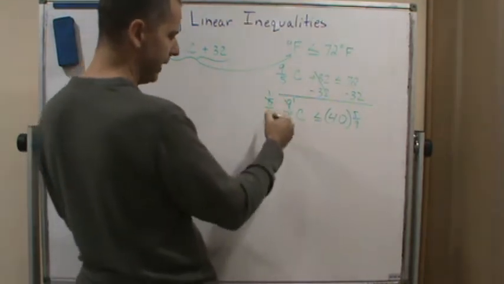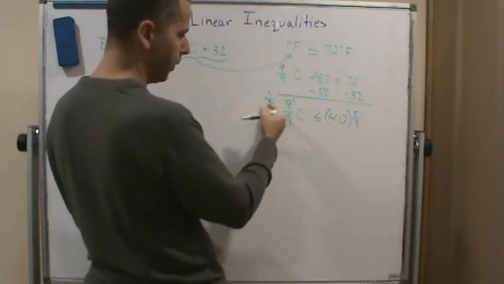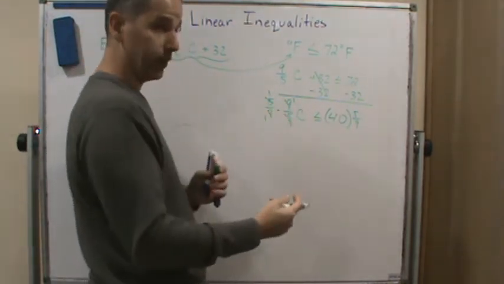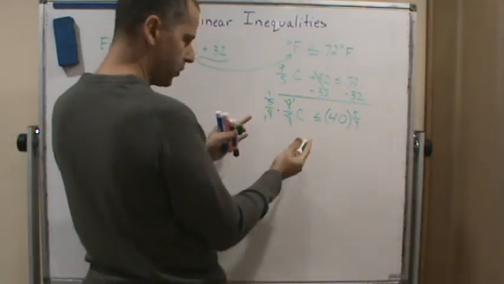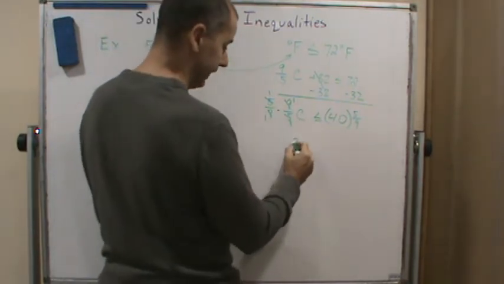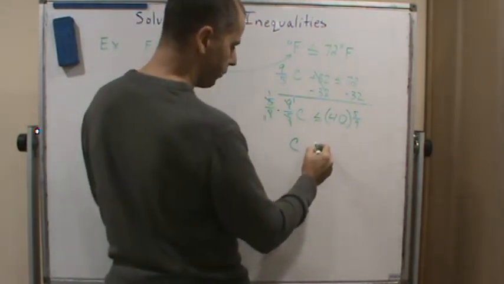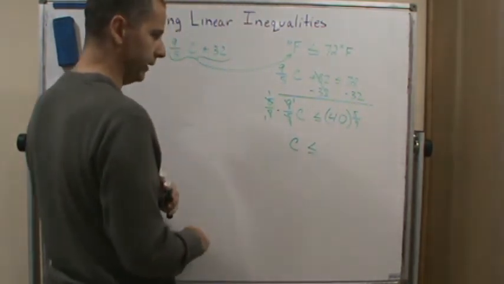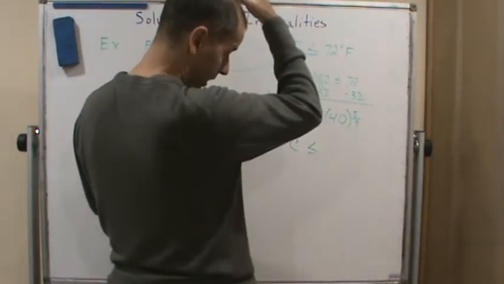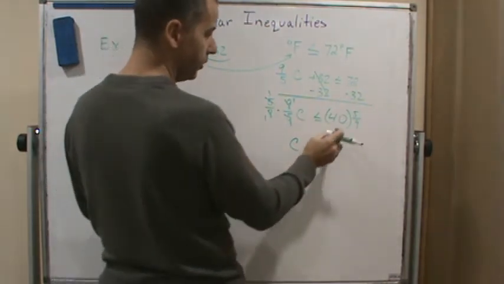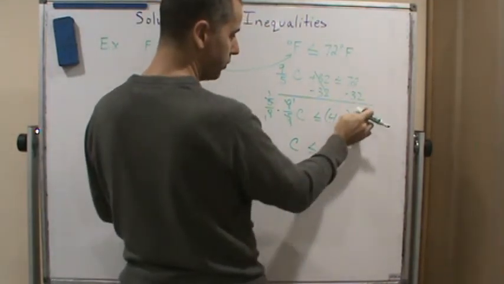This is multiplication, so we can cancel things. Or if you multiply, you get 45 over 45, which is still 1. There are lots of different ways to do this, but the end result is the same. You get C. On the right side of the inequality, you get 200 divided by 9.